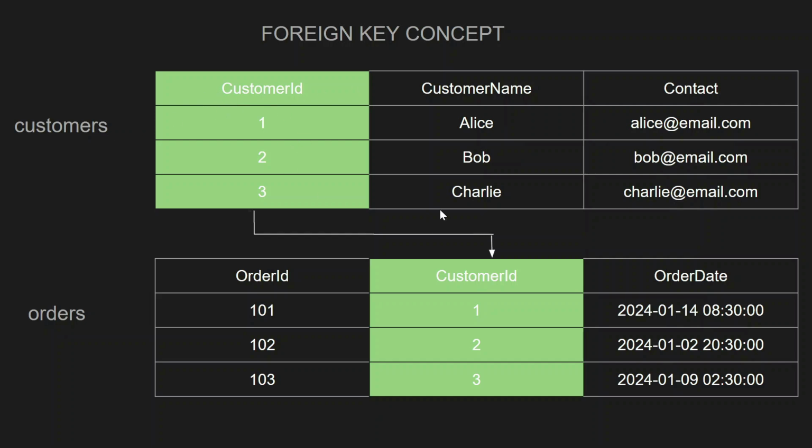This creates a relationship between these two tables. On the customers table, this customer ID is the primary key, and on the orders table, this customer ID is the foreign key. That is the whole concept of a foreign key.